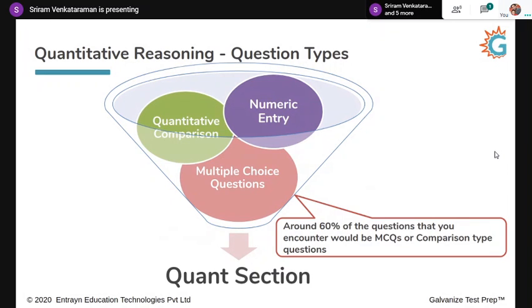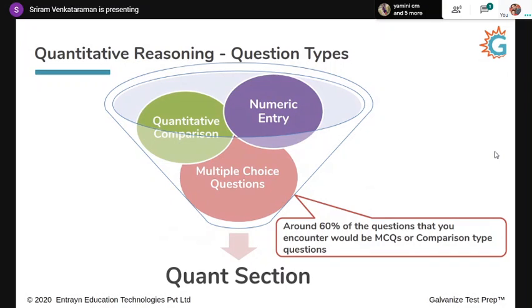So the quantitative comparison question would always look like that. It is like an MCQ, but of a slightly different structure. And you have multiple choice questions, which could have one correct answer, or one or more correct answers.